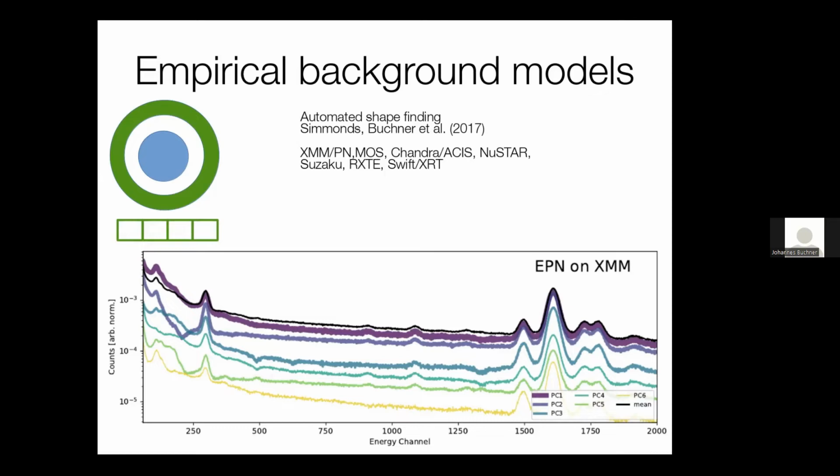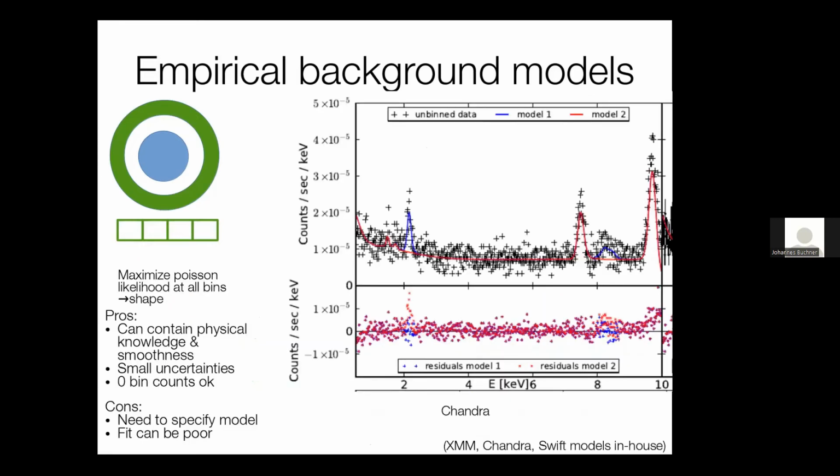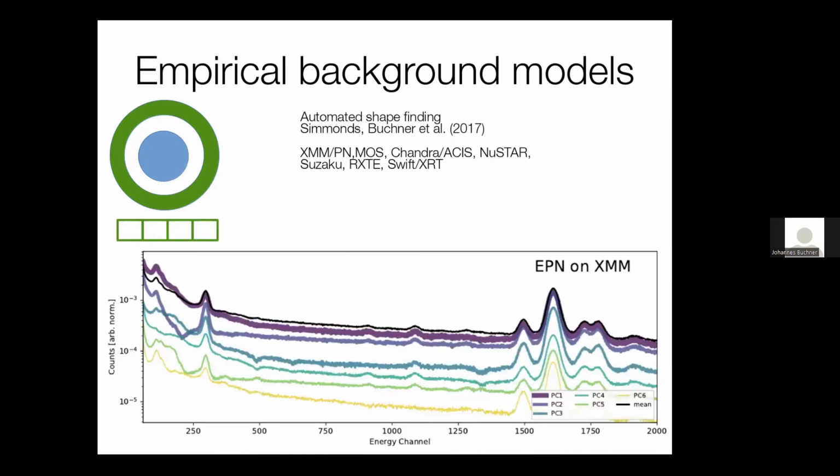We have a huge amount of data, and in this case, I obtained these background spectra that had been extracted previously. I just determined principal components across these background spectra. There's a technique called principal component analysis, which identifies the most important shapes that turn up in this variety of backgrounds.